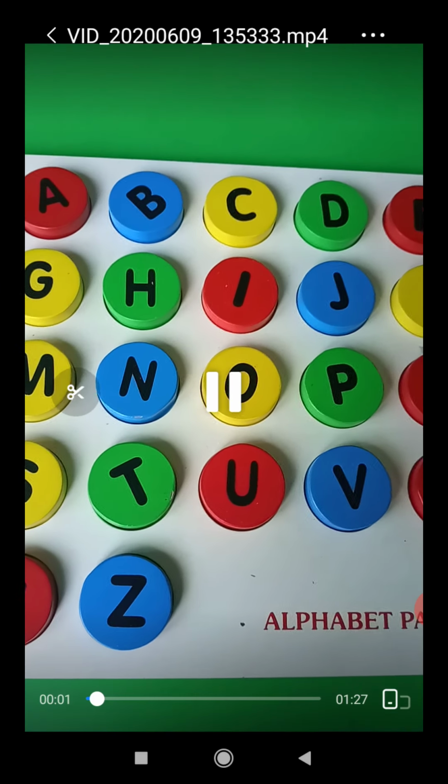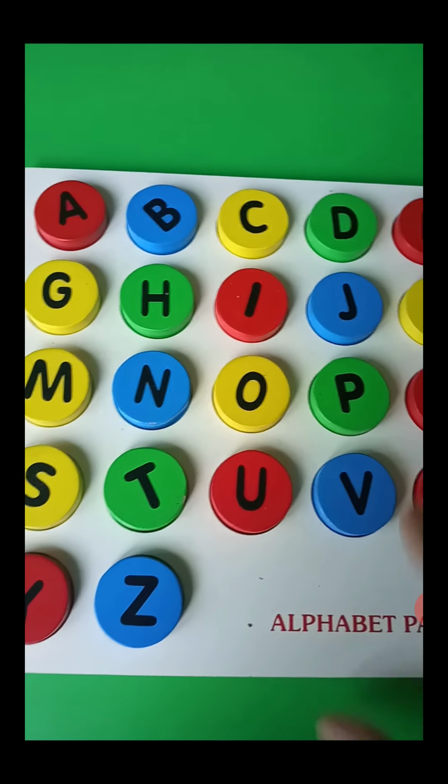Now students make number names with the help of alphabets.